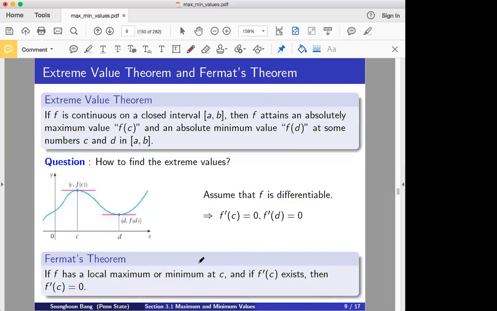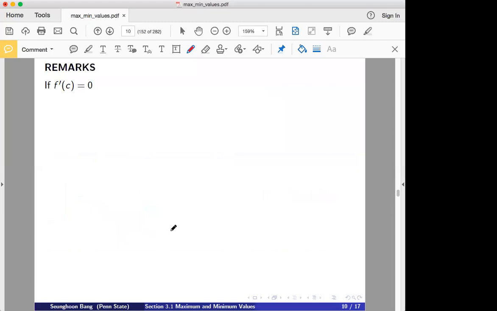Let's think about this one. The converse is like this: if f prime of c equals 0, then f has a local maximum or a local minimum. Is this statement true or false? What do you think?